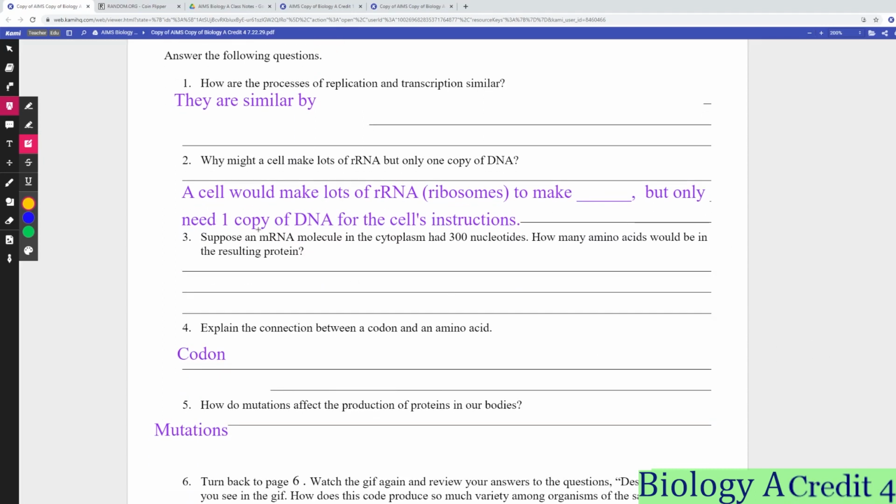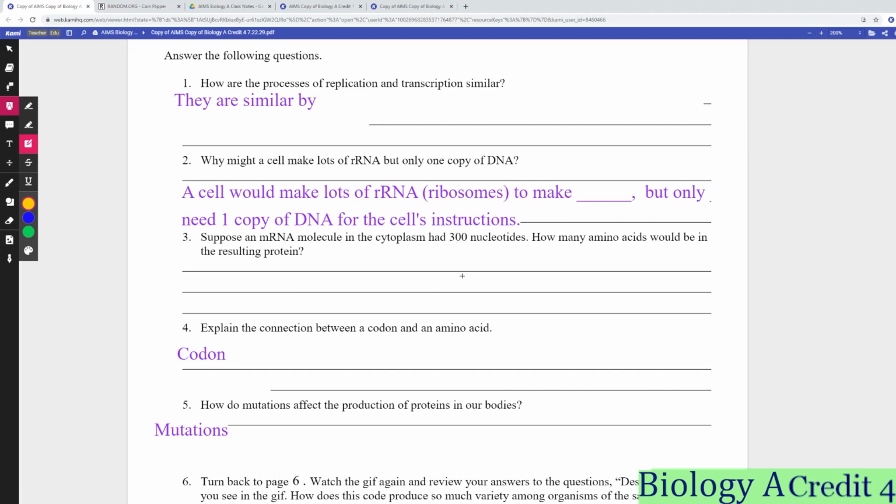All right, number 3. So suppose our messenger RNA molecule that we had made in transcription has 300 nucleotides. Well, how many different amino acids could we get out of that set of 300, theoretically?